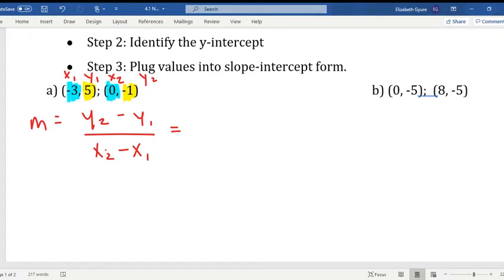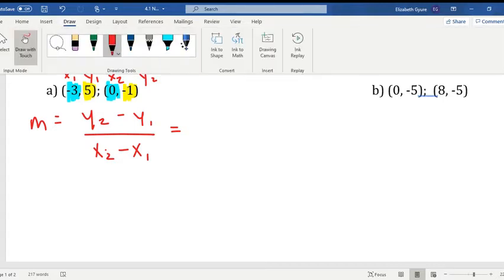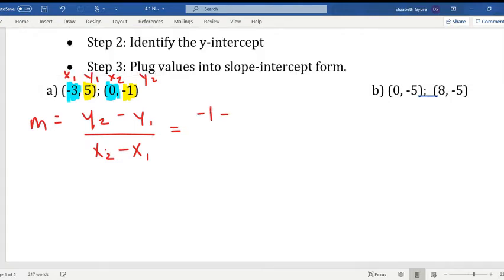So what's your y2 value? What should we put first when we're plugging this in? Yeah, -1. Then put your minus, and then what's your y1 value? 5. So on top, -1 minus 5. Put your fraction bar. What's your x2 value? 0.